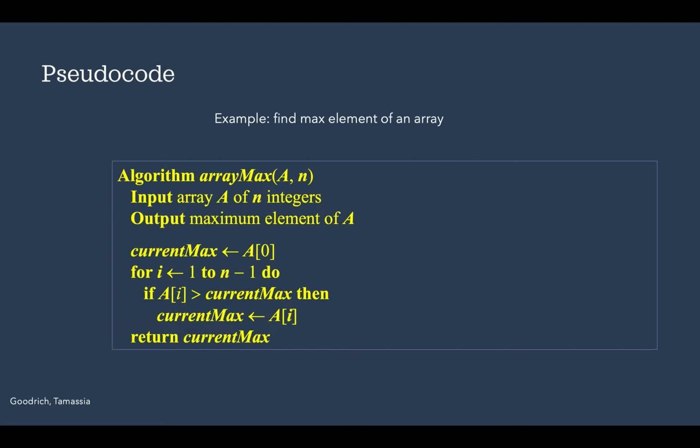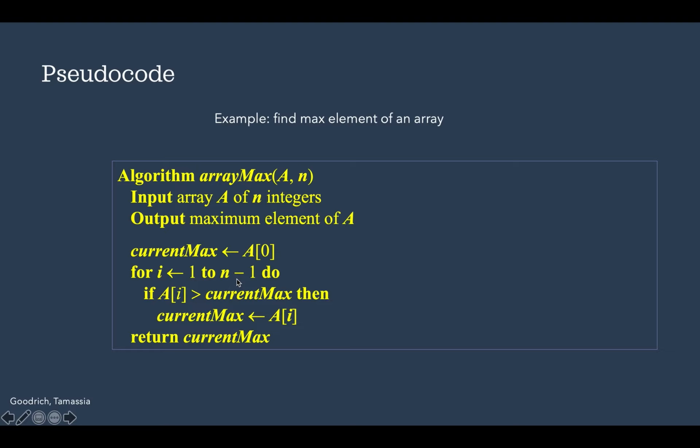So now let us take an example of finding the maximum element of an array. The algorithm name is arrayMax, and the input to the algorithm is array A, and n is the number of elements in the array. The first step is that the first element in the array is assigned to a variable called current max. This arrow means you are assigning the value of A of 0 to current max.